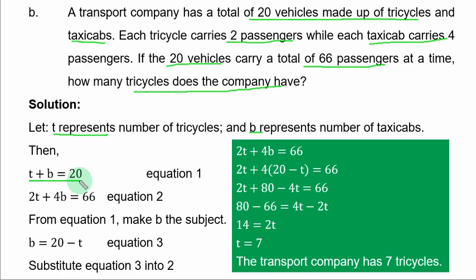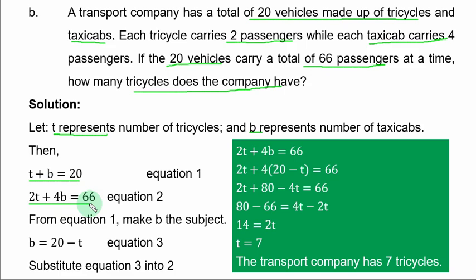The tricycle carries 2 passengers, the taxi cab carries 4, and the total passengers is 66. So you have 2T + 4B = 66. You have equation 1 and 2.